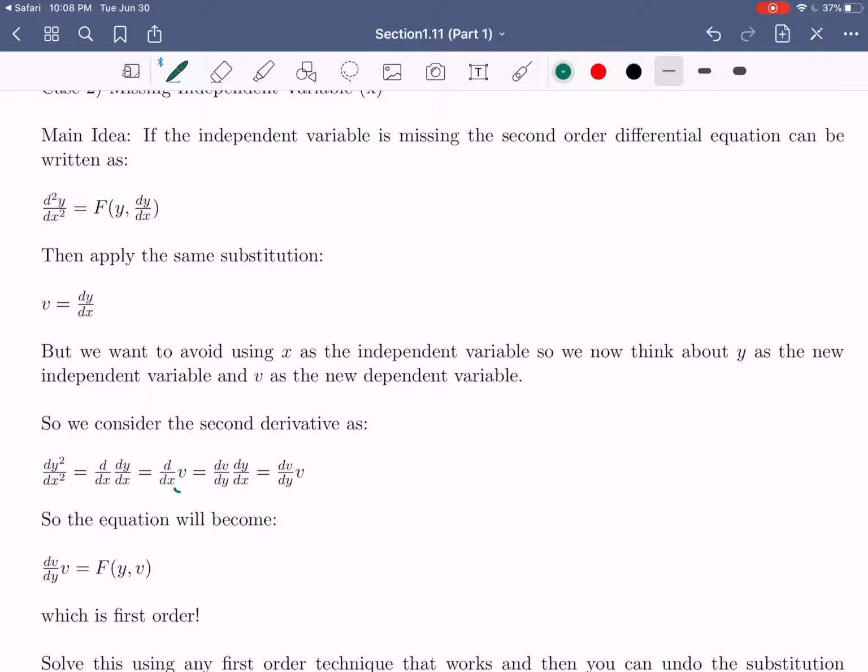We're going to apply the chain rule, and we're going to think about v as a function of y as a function of x.